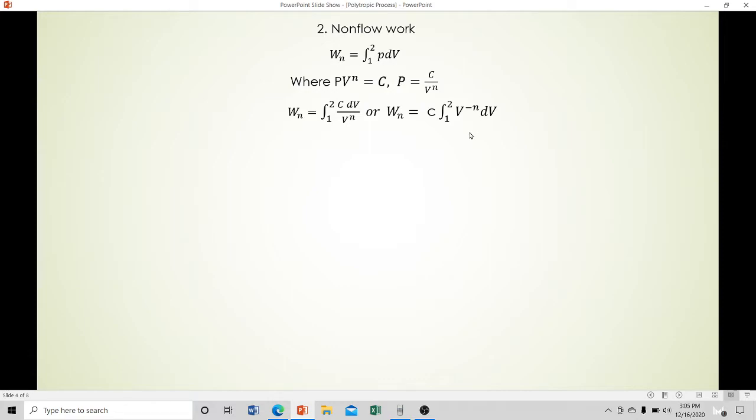So by the power rule for integration, this equation becomes C times V^(-n+1).